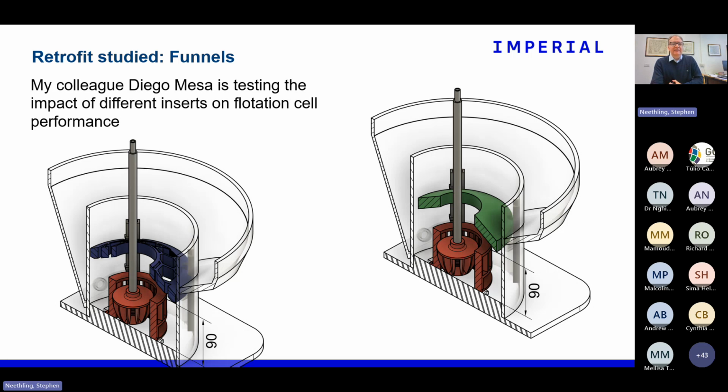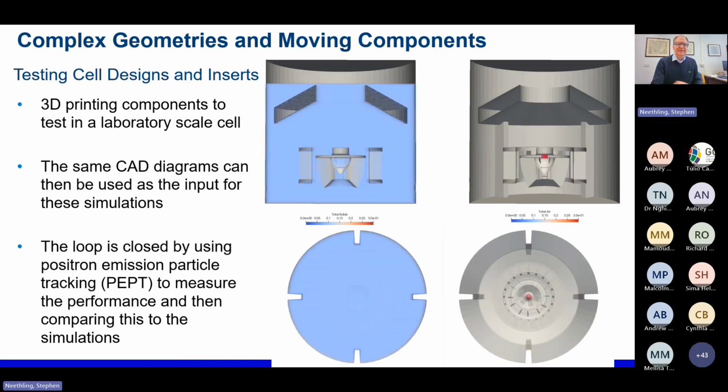The other nice thing here is we can actually use it to start to test designs, etc. So one of my colleagues, Diego Messer, is testing the impact of different inserts into the cell on the performance. And the nice thing is these simulators can take in the same CAD files that he is using for actually 3D printing these inserts. The inserts are 3D printed and put into our standard cell design.